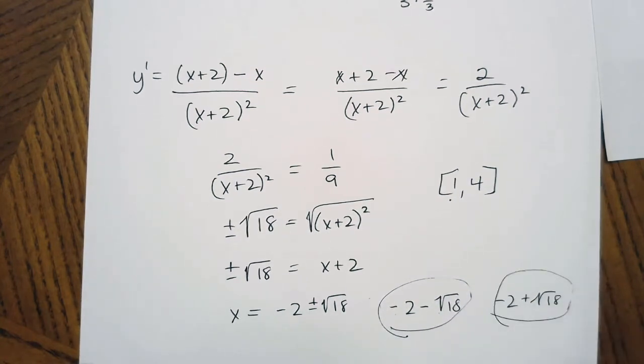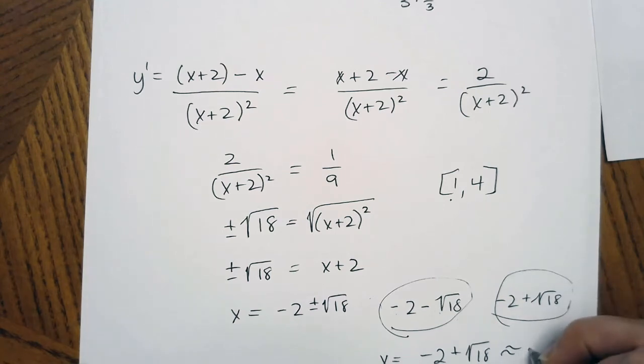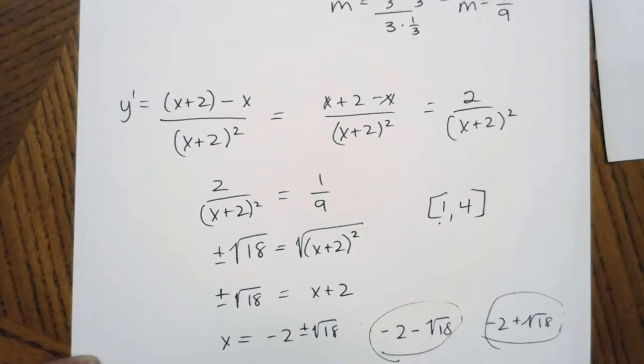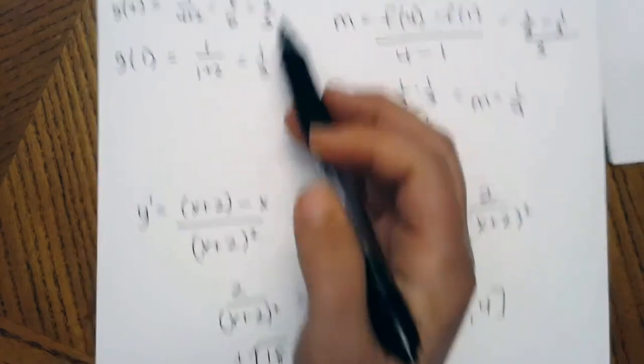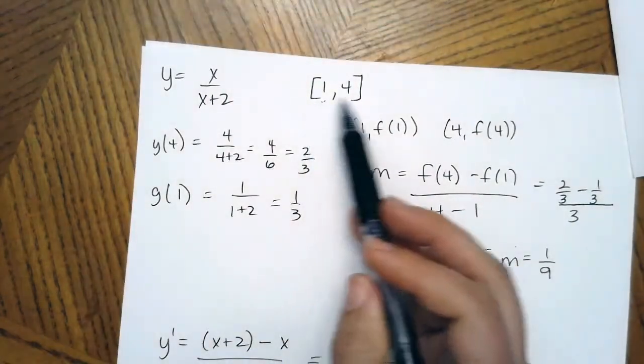So let's look at this one, and I put that in my calculator and decimal approximate it, and I get that x is approximately 2.242, which is good because that does in fact fall between our original 1 and 4 up here.